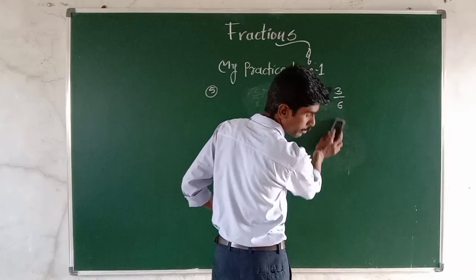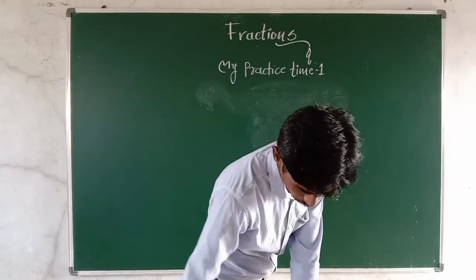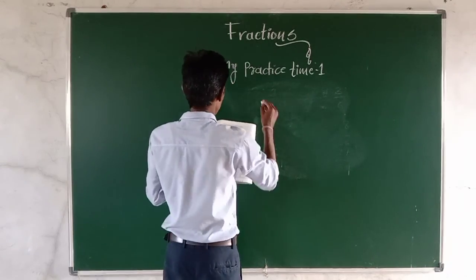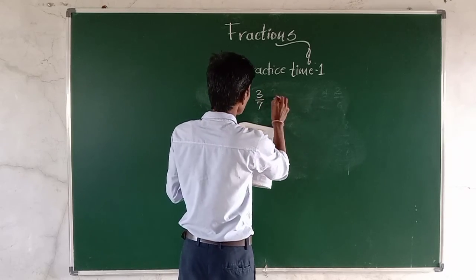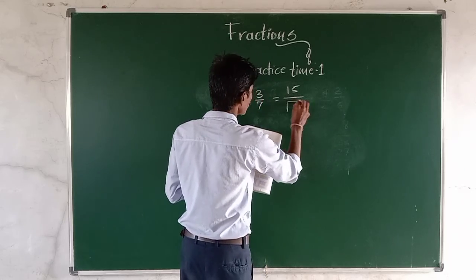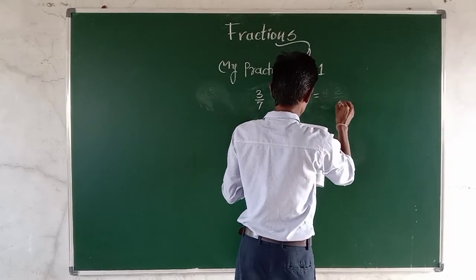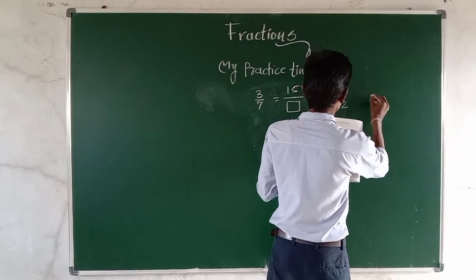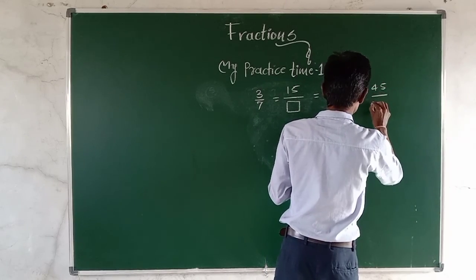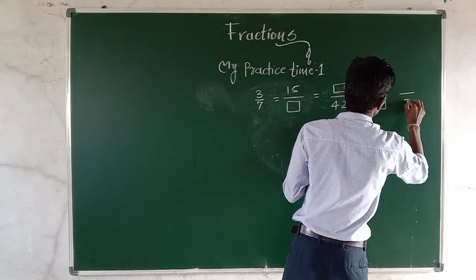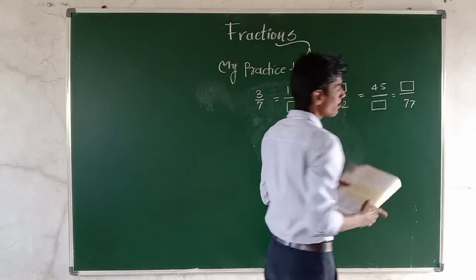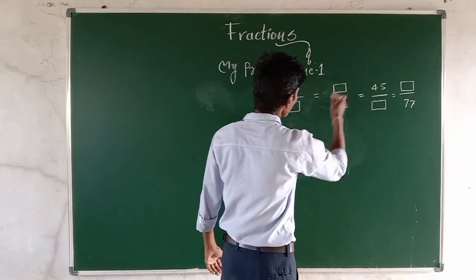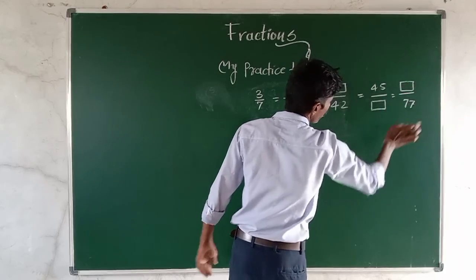Now question number 6: fill in the box. 3 by 7 is equal to 15 over a box, 18 over 42, 45 over a box, and a box over 77.